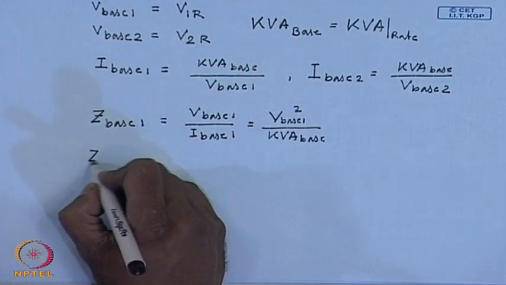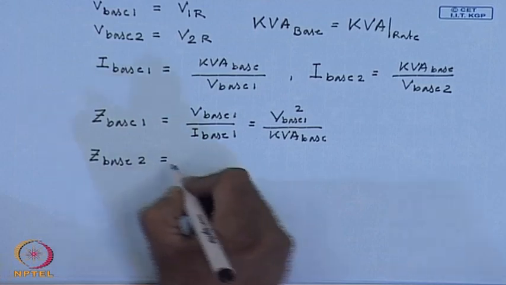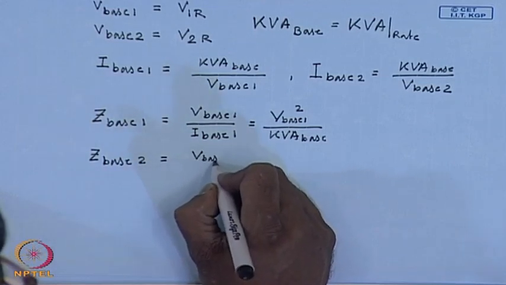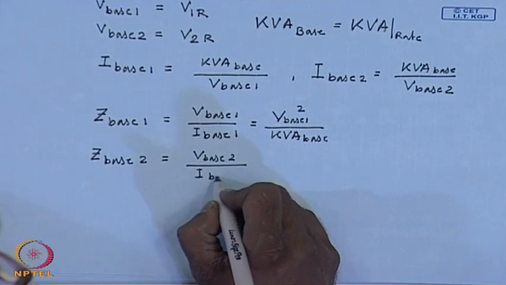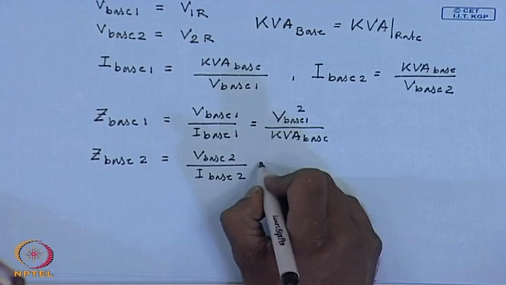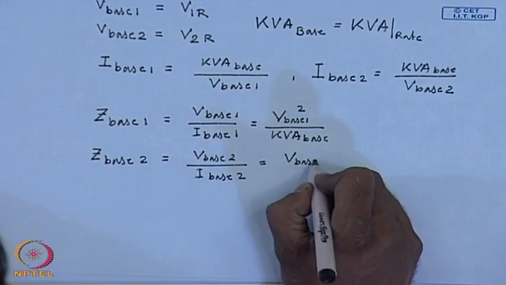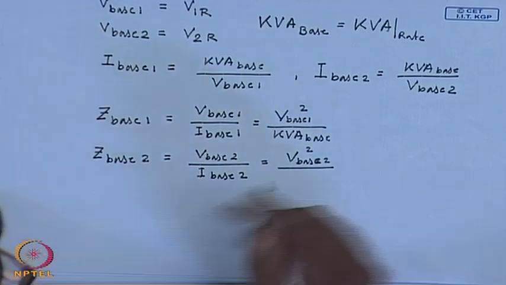And Z base 2 equal to V base 2 divided by I base 2, equal to V base 2 squared by kVA base.